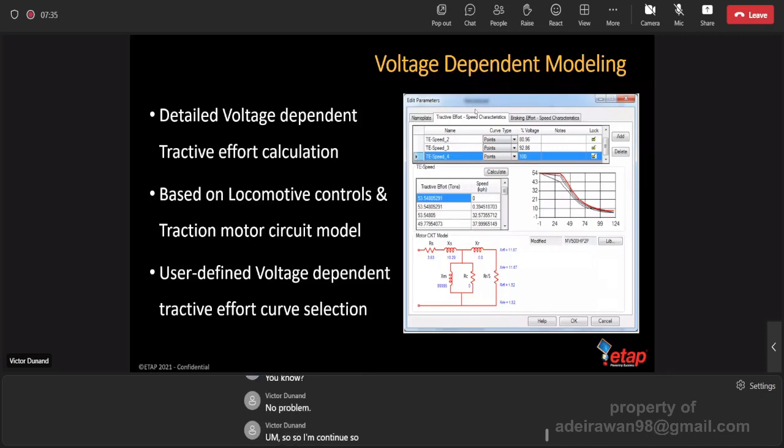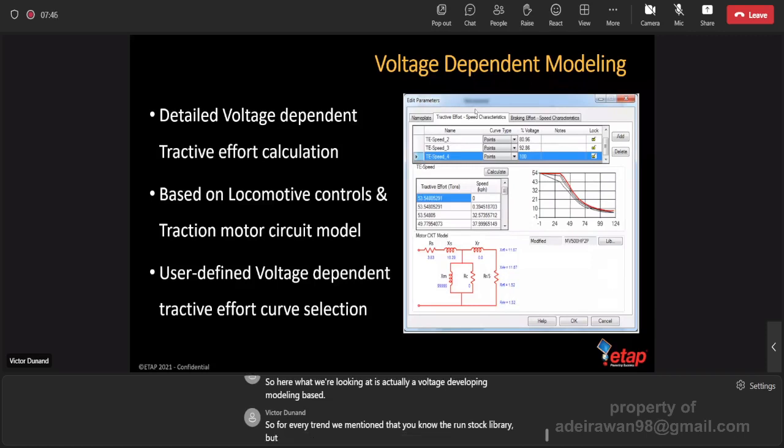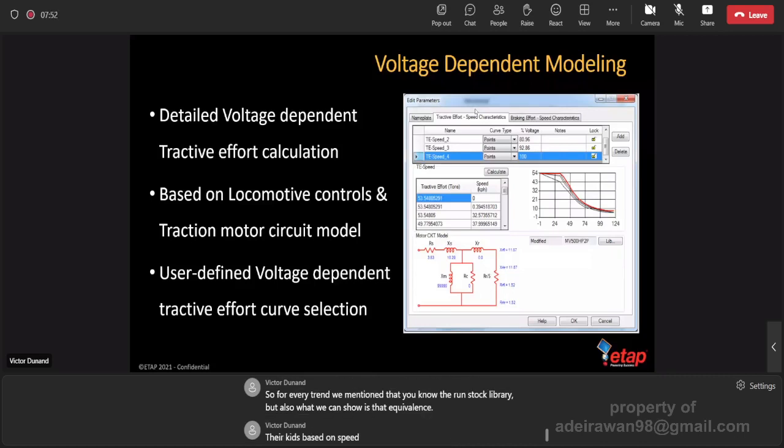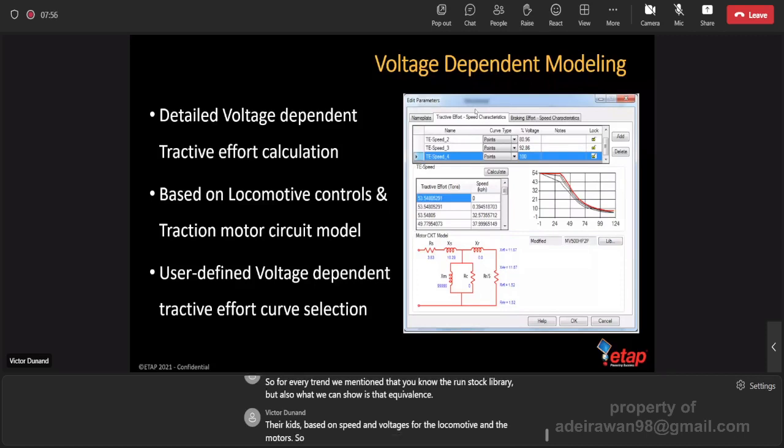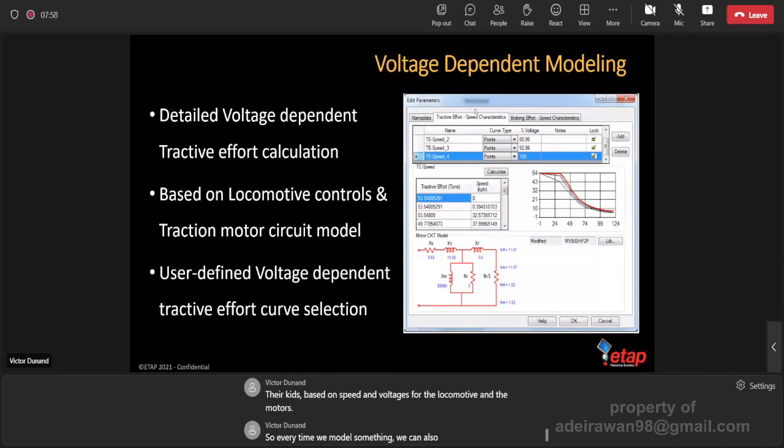So here, what we're looking at is actually voltage dependent modeling. For every train, we mentioned the rolling stock library, but we can also show the equivalent circuits based on speed and voltages for the locomotive and the motors. So every time we model something, we can also model the trains.